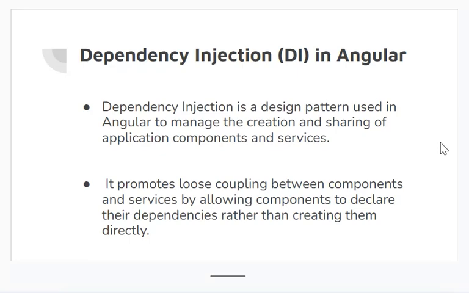This gives us a loose coupling between the components and services, because we are declaring the dependency and we are not creating the dependency directly in the class. We are just declaring the dependency in the constructor of the class or service that is going to use this service.